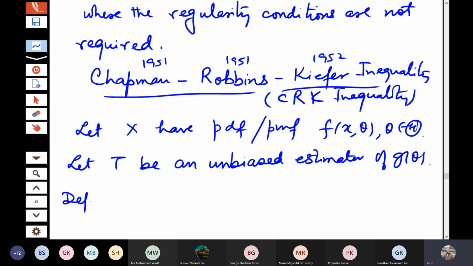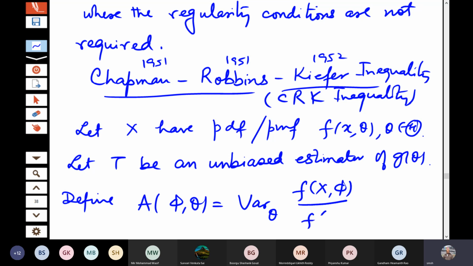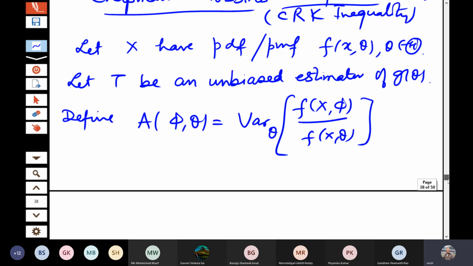We also define another quantity called A(phi, theta) to be the variance of f_X(x; phi) divided by f_X(x; theta). That means I write the density function or the mass function by changing the parameter theta to phi, and then write this ratio and look at the variance of this. Okay.